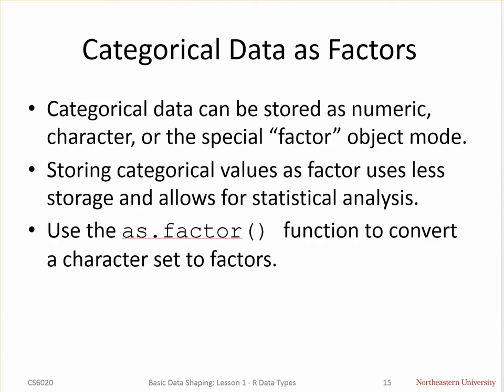Now this affects us when we start doing some processing, particularly when we process data that has categorical data values. Categorical data is one of the most important types of data in R because a lot of statistical processing later on depends on having categories as factors. If you're doing ANOVA or some other type of regression testing, then you need factors.